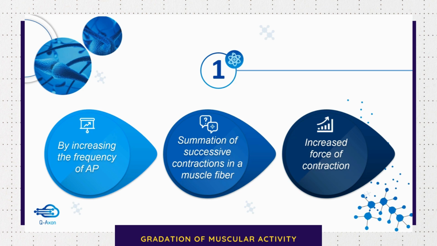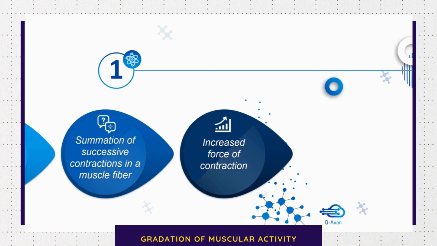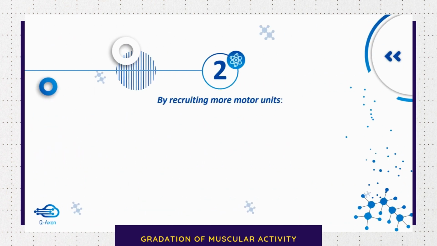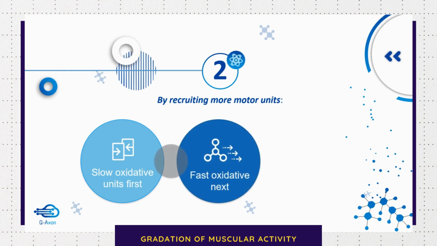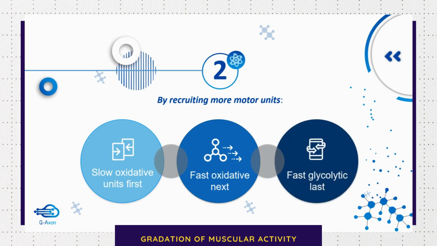So this is one mechanism. The other mechanism is through recruitment of more and more motor units. Now, initially, the slow oxidative fibers are recruited first, and this is followed by the motor units which have fast oxidative fibers, and the fast glycolytic fibers are recruited last.